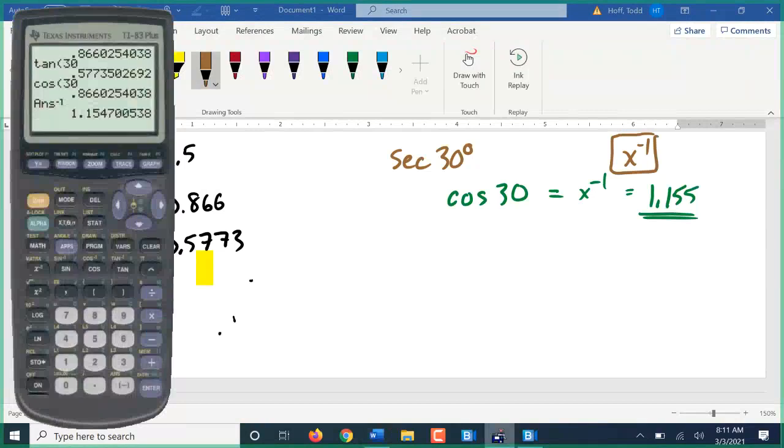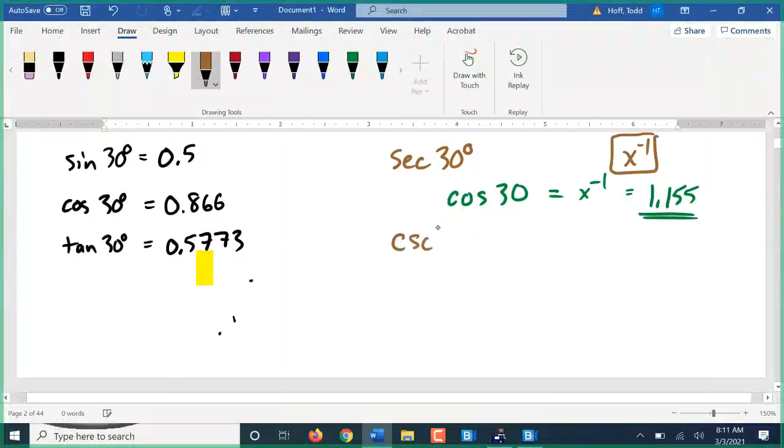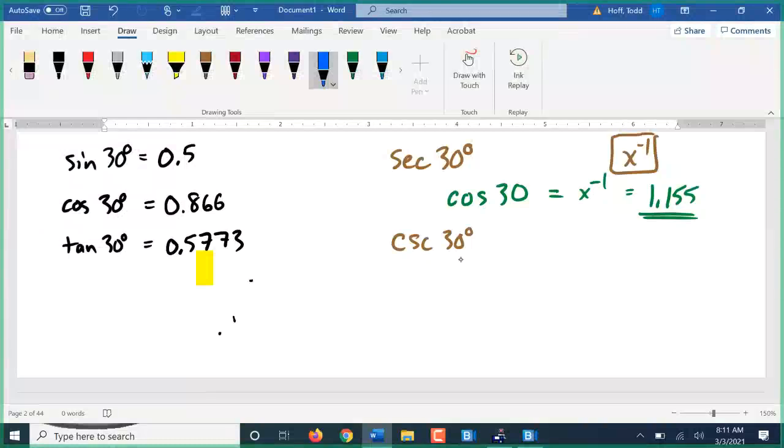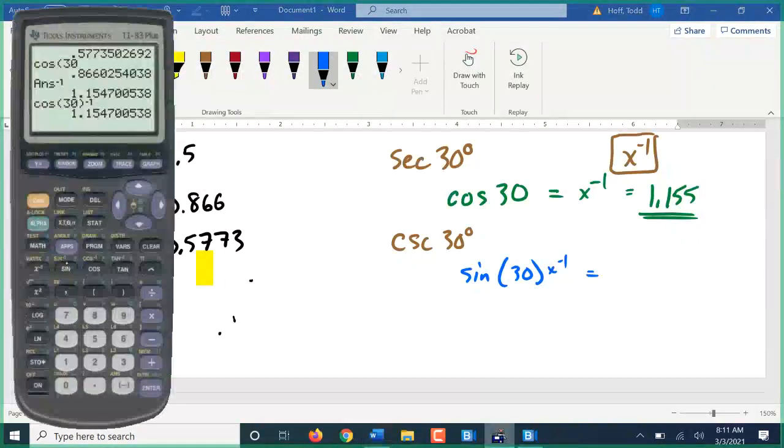The other way you could do it is to use cosine of 30. I believe it works if you just put it outside the parentheses. Cosine of 30, close your parentheses and hit the x negative 1 before you hit equals. Now the cosecant of 30. What function goes with cosecant? Sine of 30. And again, outside the parentheses, before you hit equals, hit the x negative 1.